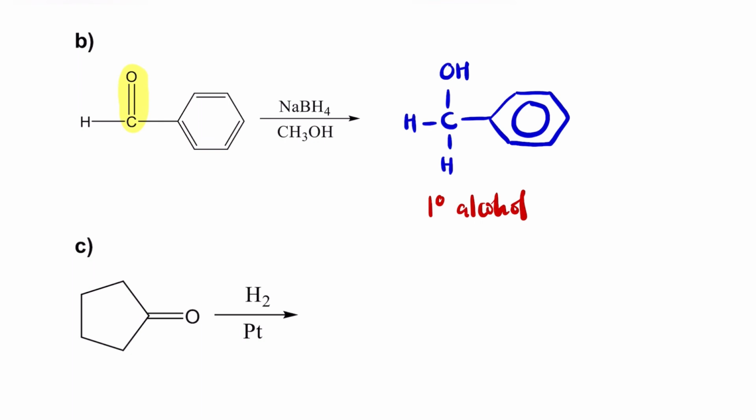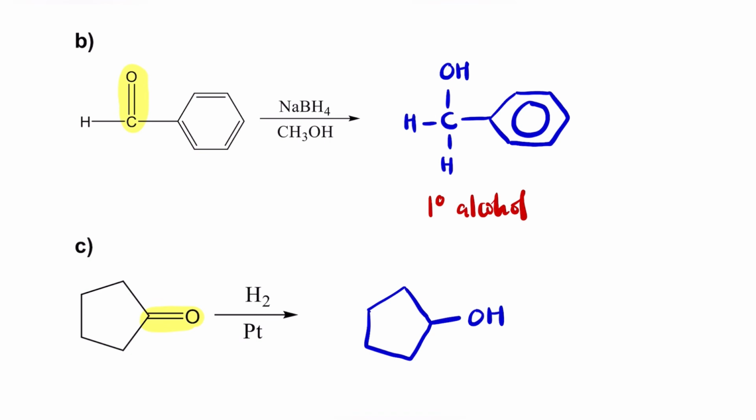Next one we go for question C. Question C, you have catalytic hydrogenation using platinum as my catalyst. I have a ketone. So this ketone, I'm going to change the carbonyl group here into hydroxyl. So just copy the structure back. So I'm going to have this one, 5 carbon atoms in the ring attached to OH.